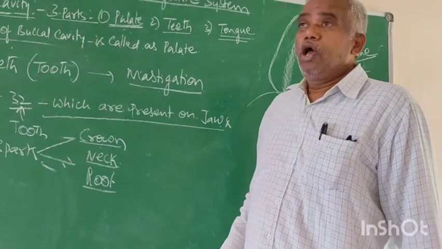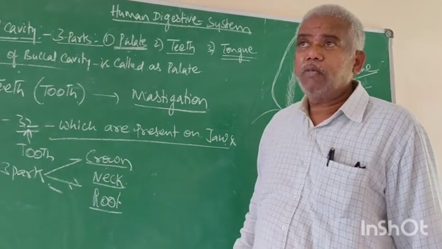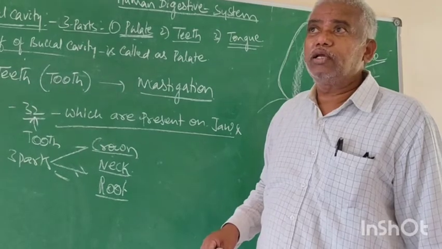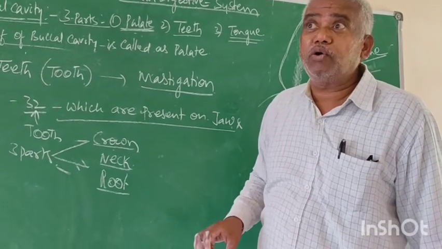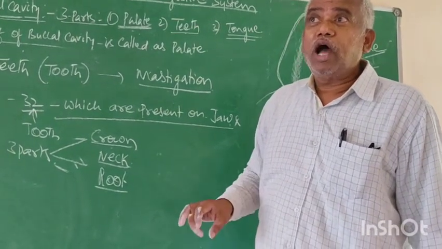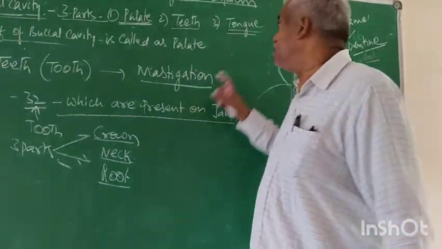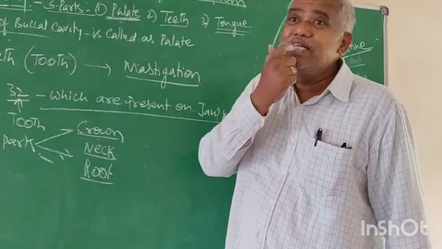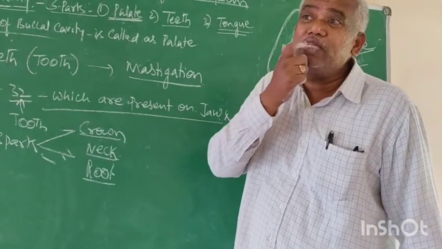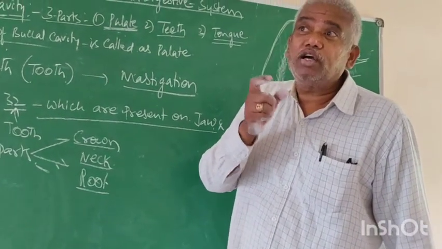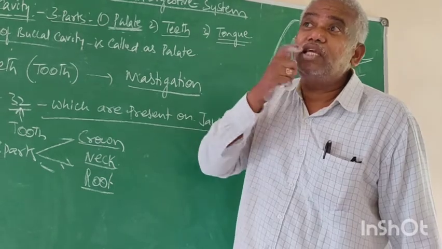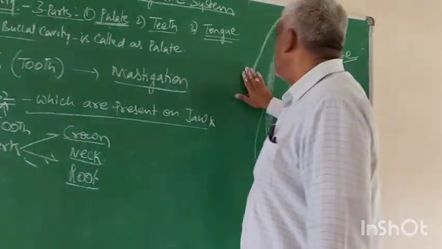What is the hardest part in the body? Enamel. Where is it formed? The upper part of the tooth is the crown, which is covered by enamel. That means the part I am touching, the crown, has the enamel.